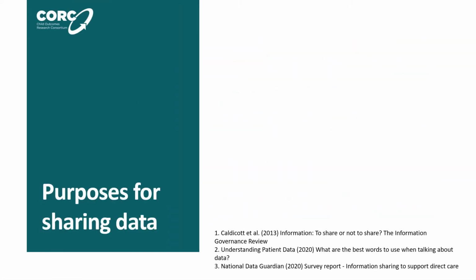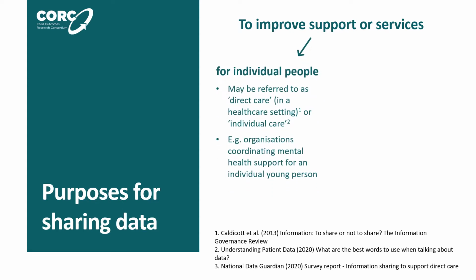Later in this module, we will discuss the importance of being clear on the purpose or purposes for sharing data. In the context of working towards improvements in health or well-being, purposes for sharing and using data can be thought of as falling under two broad categories. When data are used for the benefit of people as individuals, the data will inform decisions or actions with respect to particular individuals. This type of purpose is sometimes called direct care.